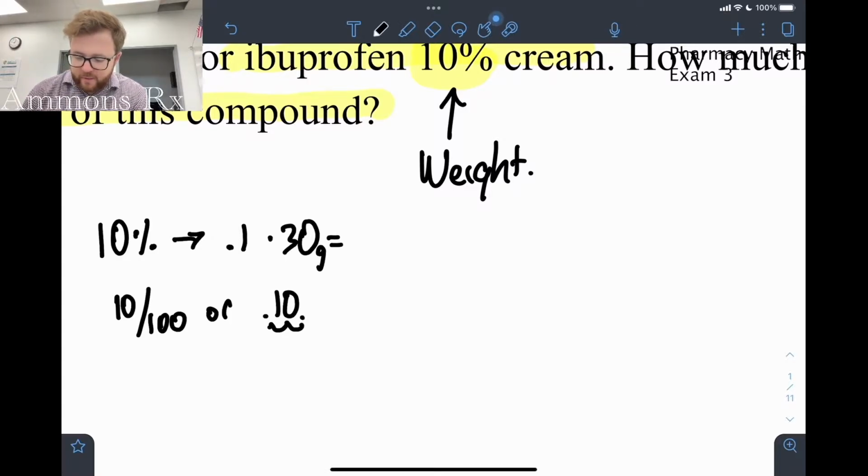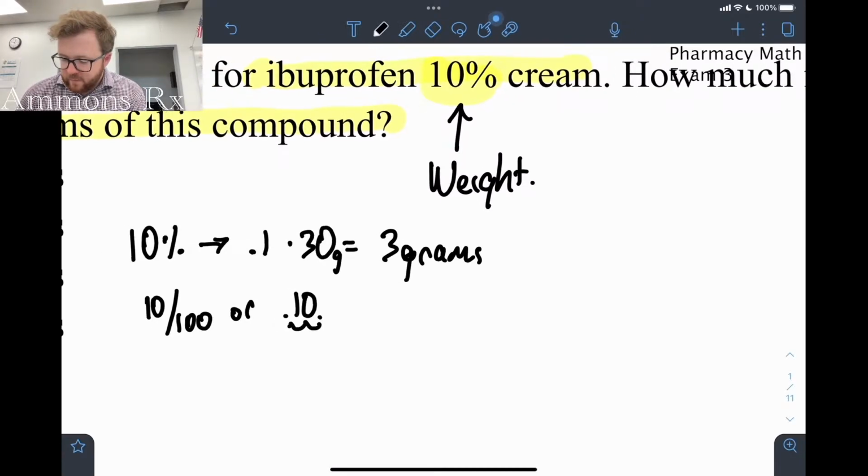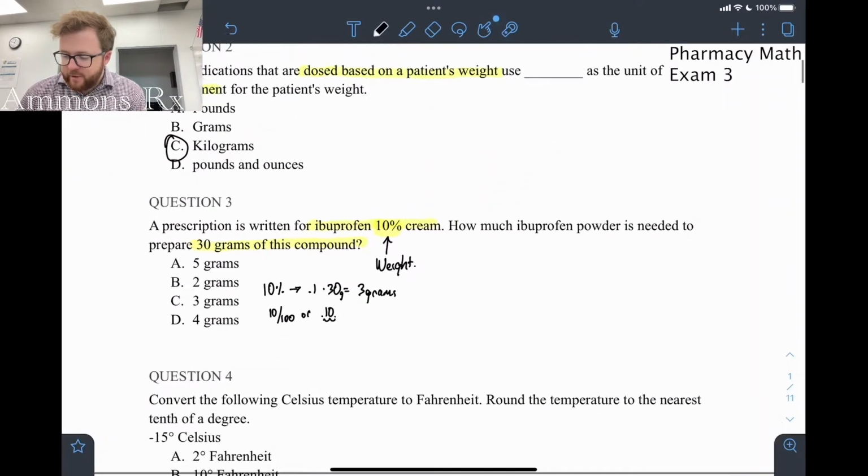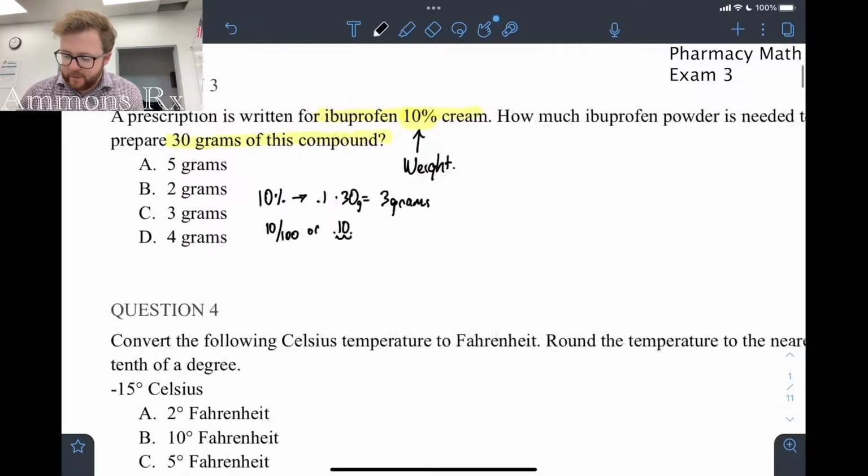So 30 times 0.1 is 3 grams. And just double check yourself. If the whole amount is 100%, 10% is 1/10 of the whole. So 3 times 10 is 30. The answer is yes, so that makes sense.